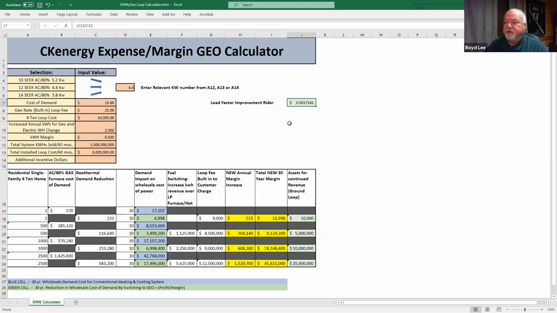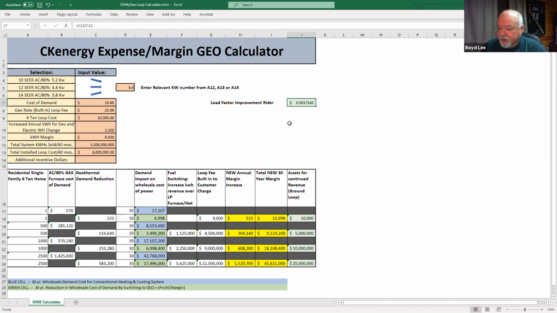I'll let that sink in. Forever. That is the key to the future health and well-being financially of your cooperative. It will go on from now on earning money for the cooperative, which is owned by the members.